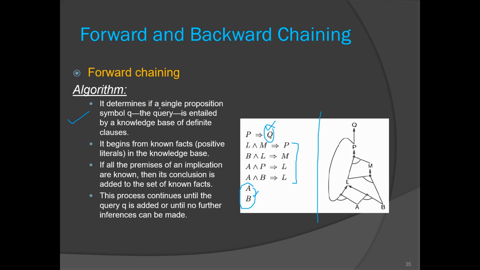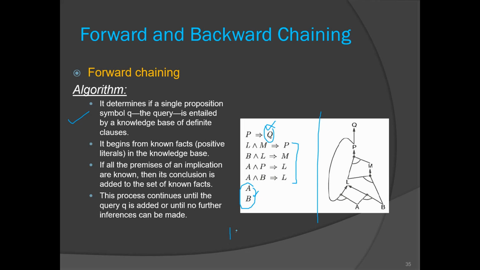It determines if a single proposition symbol Q, which is capital Q in this example, the query, is entailed by the knowledge base of definite clauses. All are definite clauses. It begins from the known facts, the positive literals in the knowledge base. We'll start with A and B. If all premises of any implication are known, then its conclusion is added into the known facts.